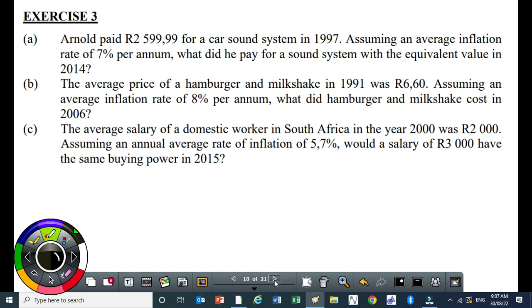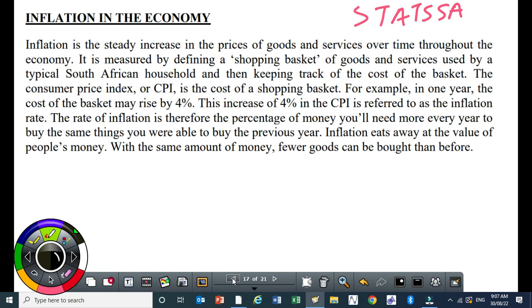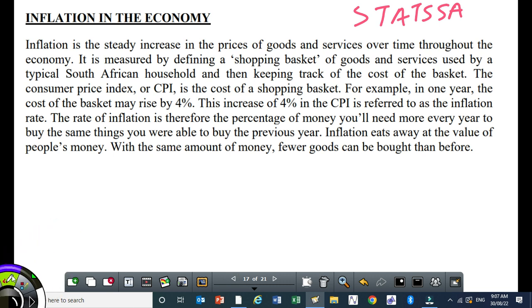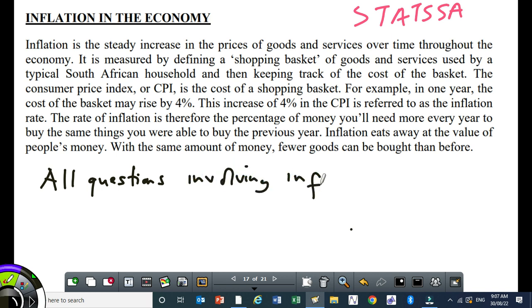So now, it's very important for you to know that all questions involving inflation require the use of the compound interest formula.